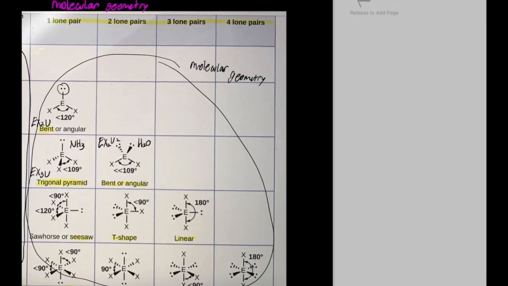So let's look at using that table. This is example 7.11. We want to write the electron pair geometry and the molecular geometry for each of the following. So we have carbon dioxide. We write out carbon dioxide, and step 2 is to figure out the electron pair geometry.